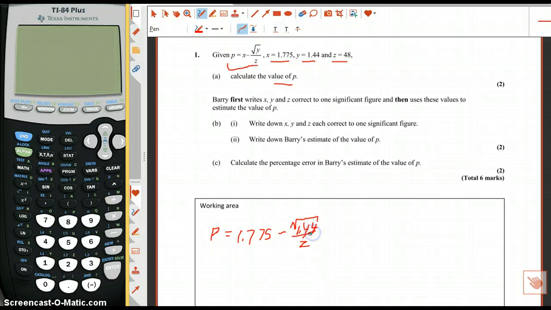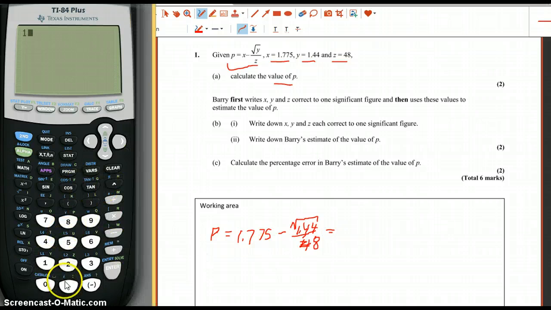So let's put, instead of square root of y over z, we're going to put 1.44, and instead of z, we're going to put 48. Okay, so we're going to put that in the calculator. To do that, we first do 1.775 minus, and then if we want to put this all in one equation, we have to be very careful with the parentheses.